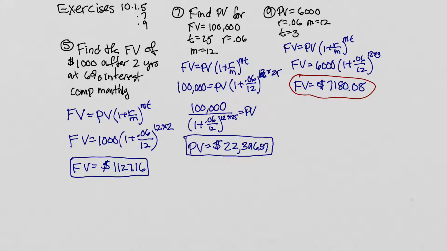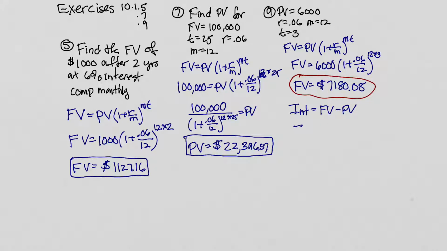But then the other part of the question says, how much of this money is interest? Well, here's what we did. We invested $6,000, and 3 years later, we've got this much money. So the interest is equal to the future value minus the present value, the ending value minus the initial value.